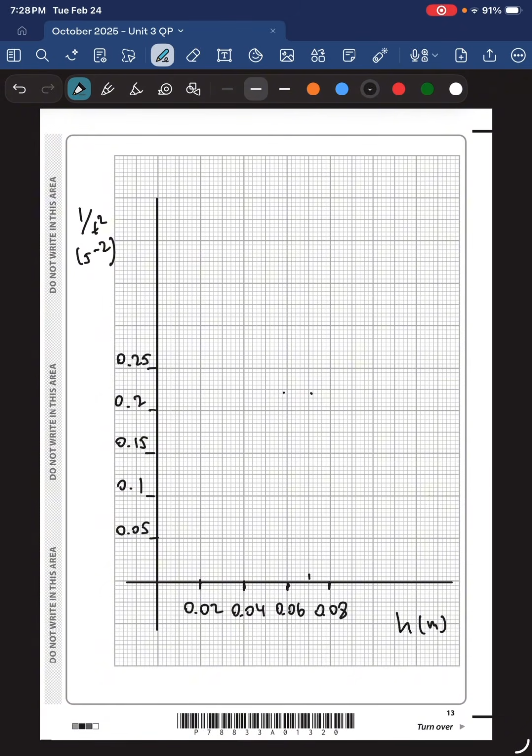So this is the first point. Okay, I'm going to draw the line of best fit. So this looks good. And let's move on.